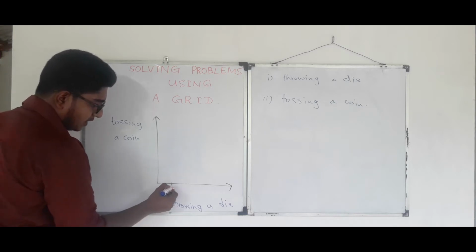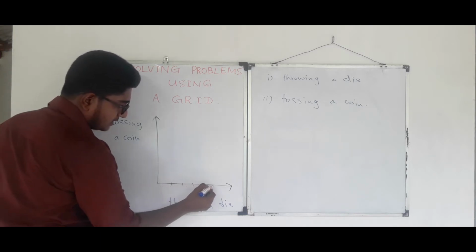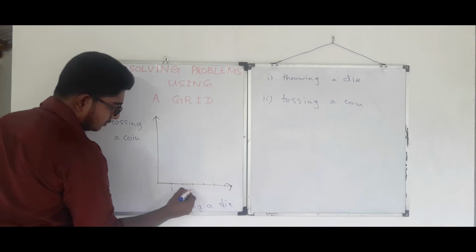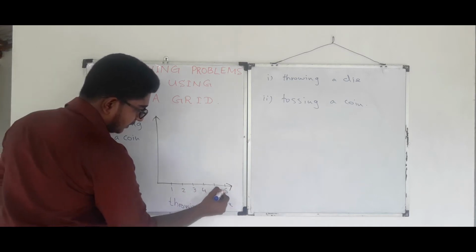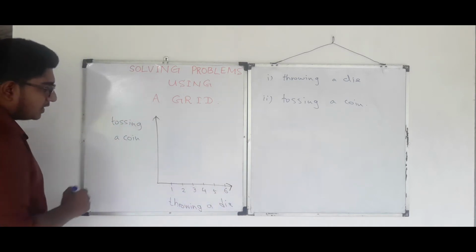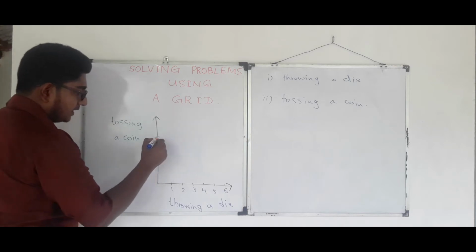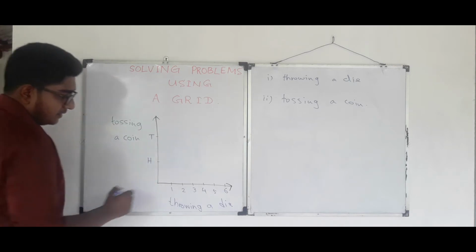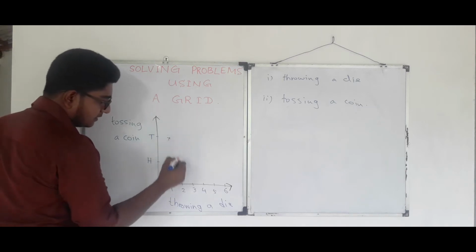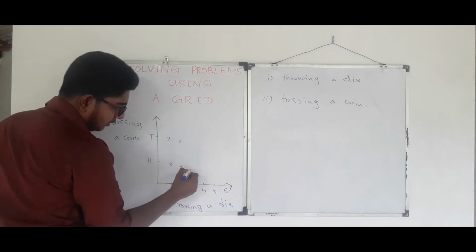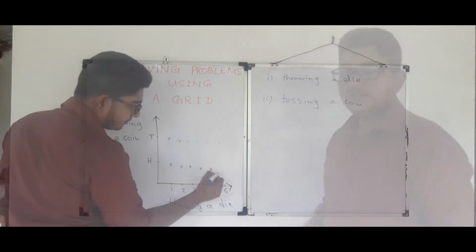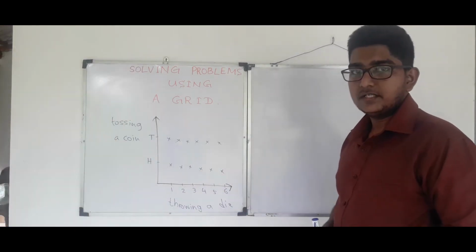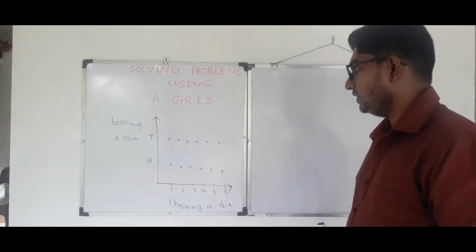What are they? Numbers from 1 to 6: 1, 2, 3, 4, 5, 6. And possible outcomes in this activity: obtaining heads, obtaining tails. Then, if I mark the coordinates, crosses are obtained like this. Now, I have this grid for my two activities.